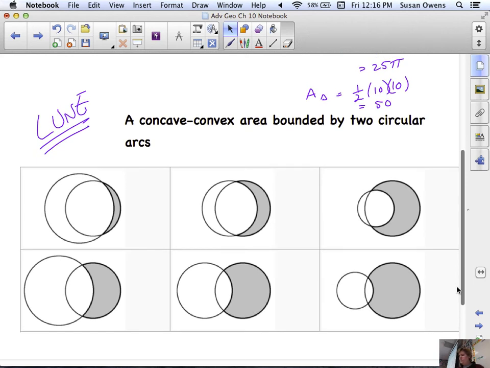We have two circles, and where they overlap, or where they don't intersect, is called a loon. You notice we have various shadings in here. There's multiple loons within these pictures, and they're just showing you one of them. It can be the outer part. It could also be what I sometimes consider the inner part.